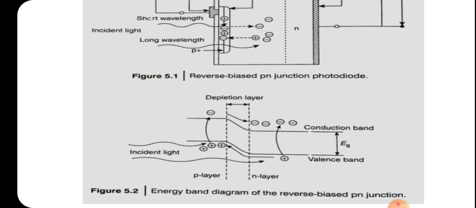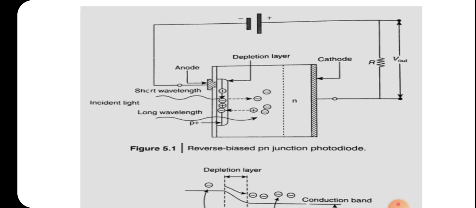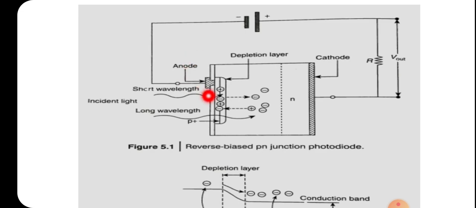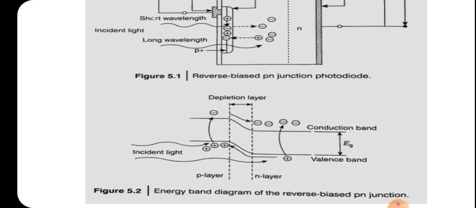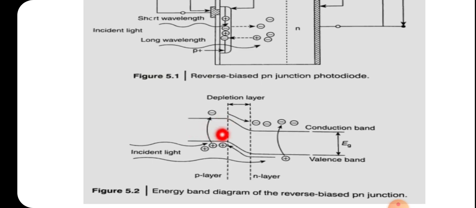If we apply a negative bias like this in this PN junction, what will happen? You can see that the P side is connected to the negative terminal of the battery, so the holes will be attracted to this negative terminal. Similarly, the N side is connected to the positive terminal of the battery, so the electrons will move to this side.